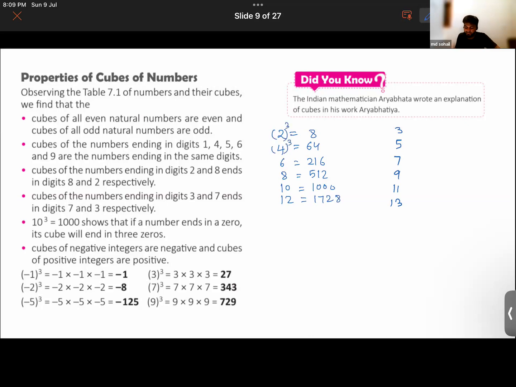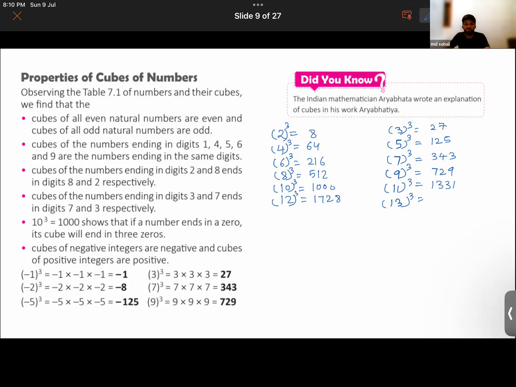Similarly, find out the cube of the odd numbers also. 3 cubed is 27, then 125, then 343. 9 cubed is 729. 11 cubed is 1331.